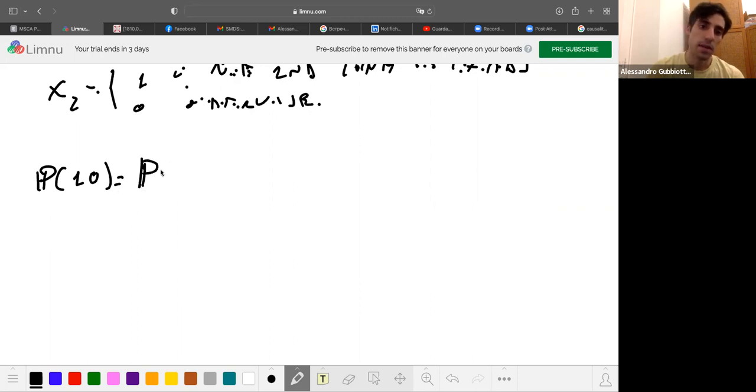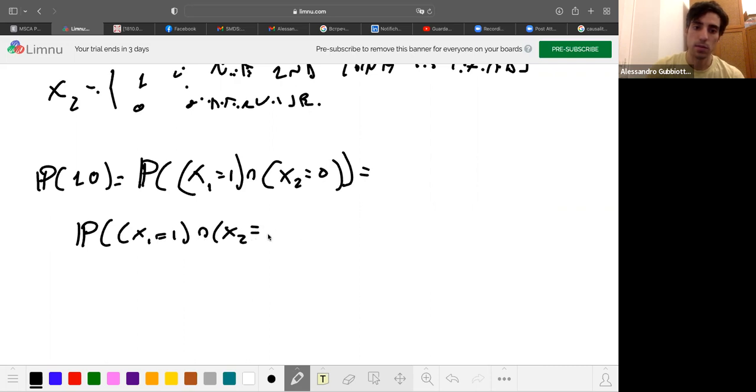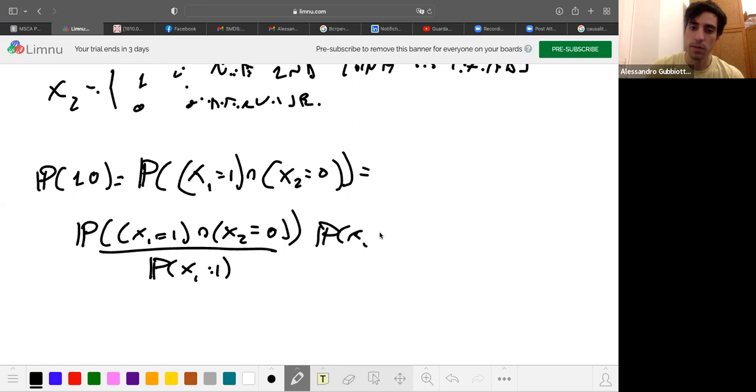We can write this event as X1 equal to 1, the first digit is 1, and X2 equal to 0, the second digit is 0. We multiply and divide by the probability that X1 equals 1, so that a conditional probability appears.